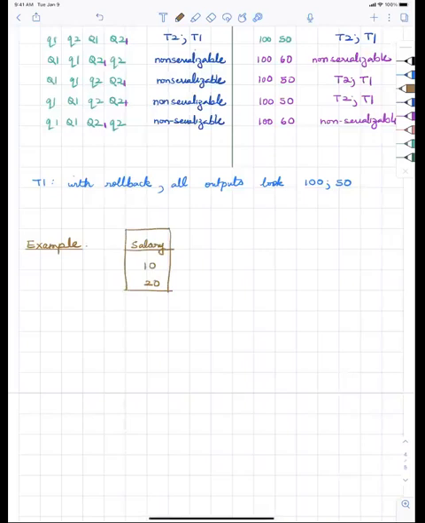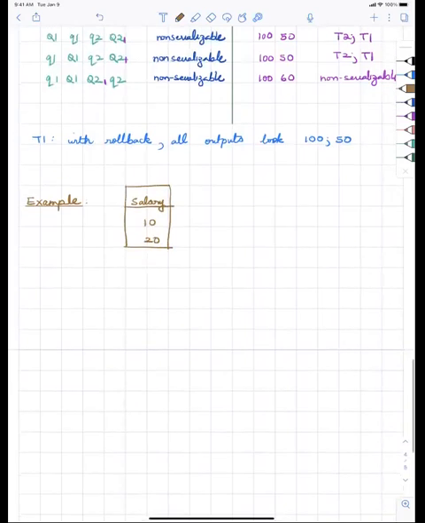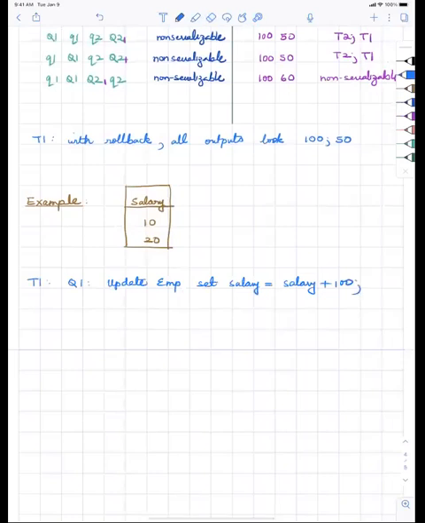Okay, and then I have transaction T1, which is 2 queries: Q1, which is update M set salary equals salary plus 100, and Q2 is a commit.